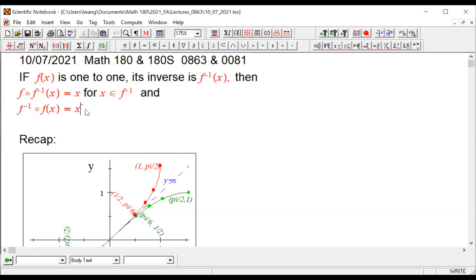That equals x. For what? For x in the domain of f inverse here. And over here, that's going to be the domain of f.